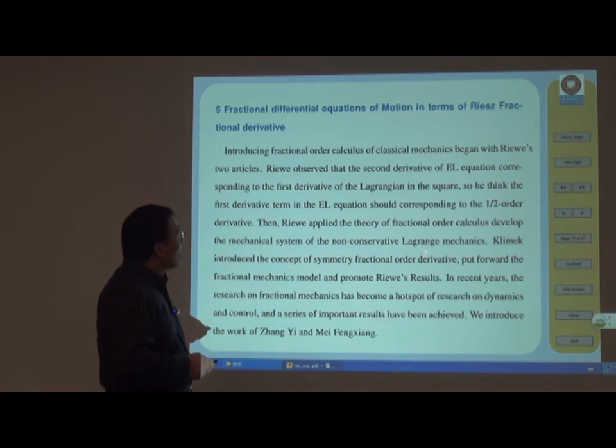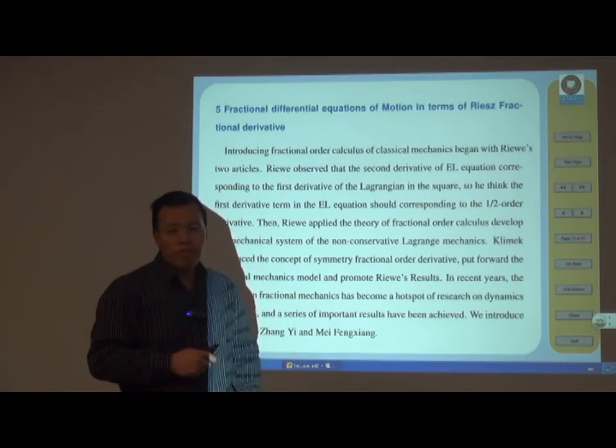Then the equation of motion can't be derived by the variational principle.